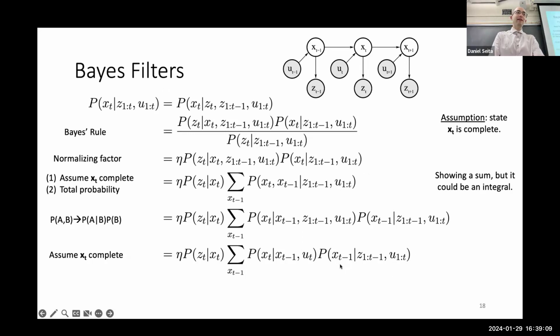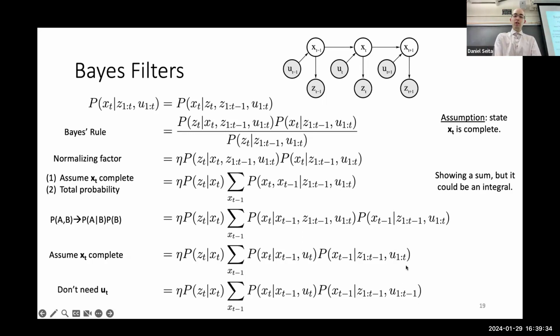If you just look at the structure of the Bayes net, then for XT minus 1, the parents are UT minus 1 and VT minus 1. But UT is not a parent of XT minus 1. So it doesn't make sense to put UT here, like the last term in this whole thing, right? And so you can go from u1 to t to u1 to t minus 1.